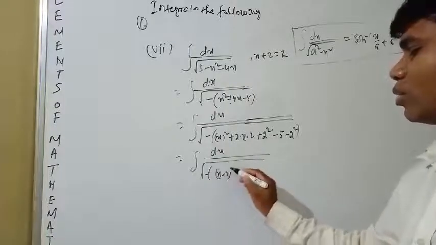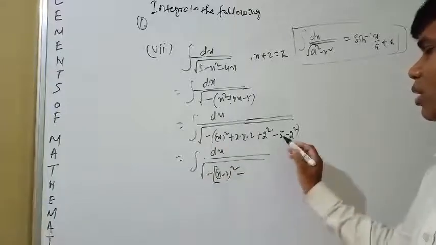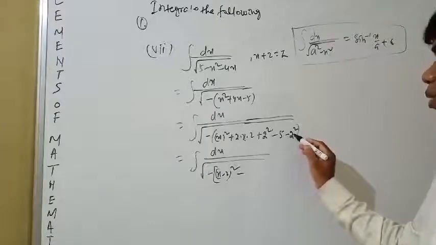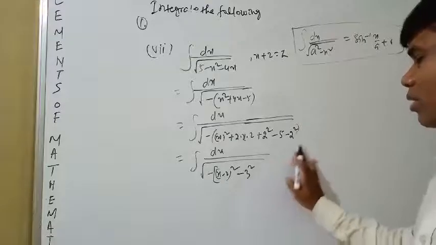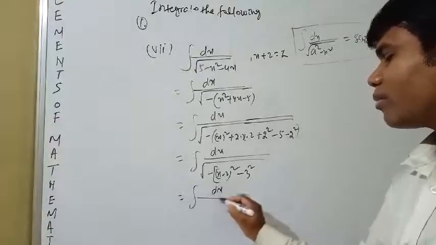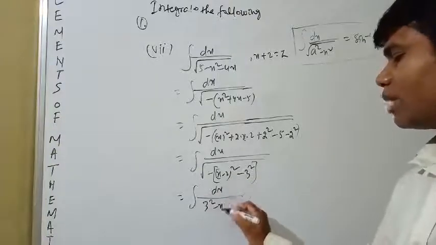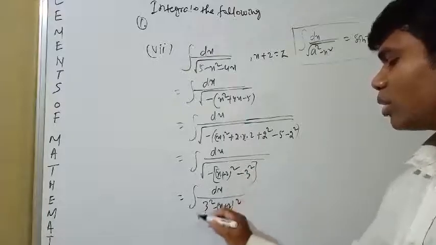This is 5, this is 2 square, 4. 5 minus 4... that is minus 9, minus 9 means 3 square. Is equal to integration of dx by, you multiply minus here, you can get 3 square minus x plus 2 whole square root over.